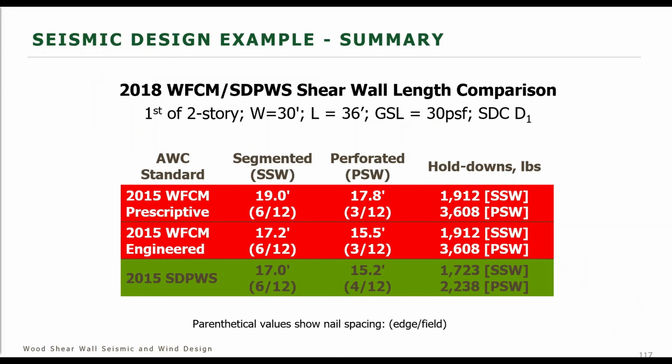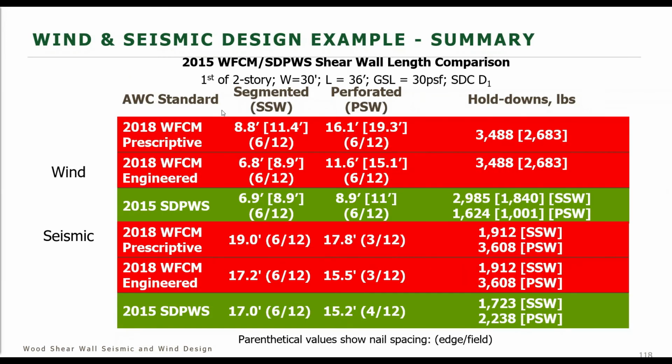But before I get into some details, I want to show you a side-by-side comparison between the wind design and the seismic design. As you can see, the seismic design is what governed, because this shows you the length that's required for the shear walls and the nailing that's required.